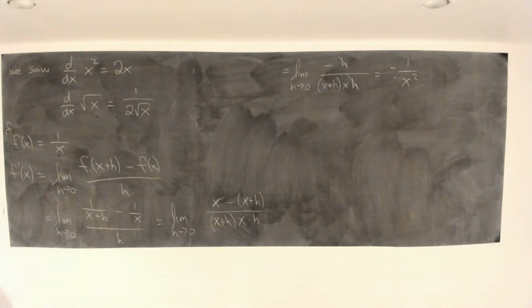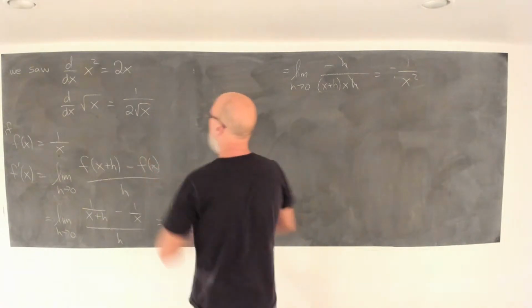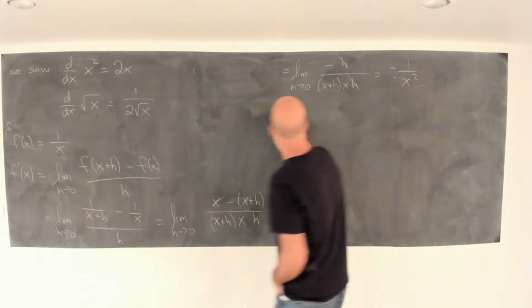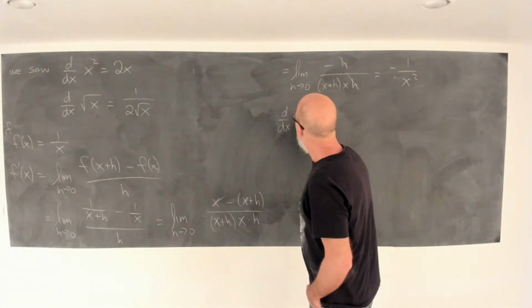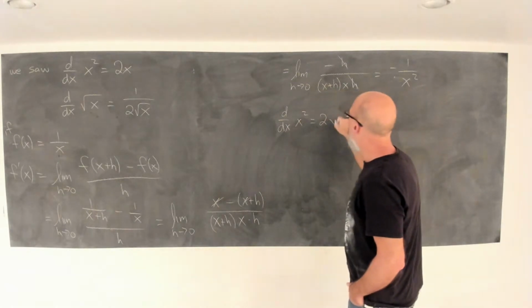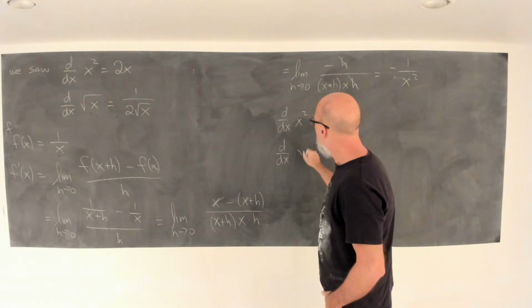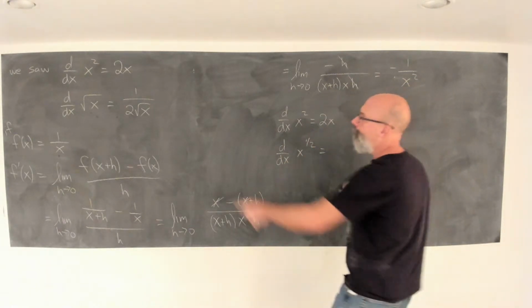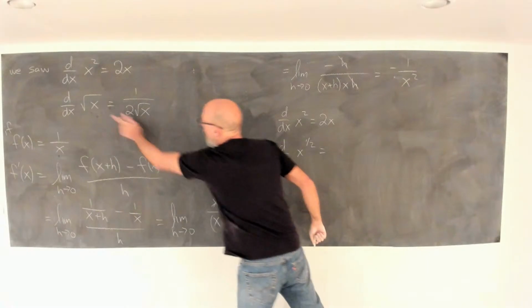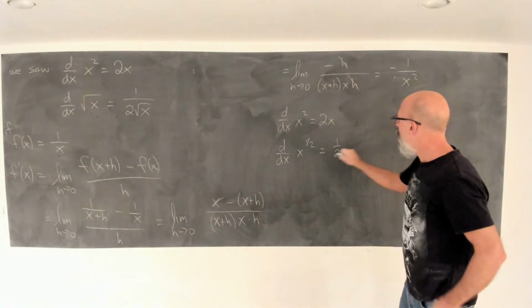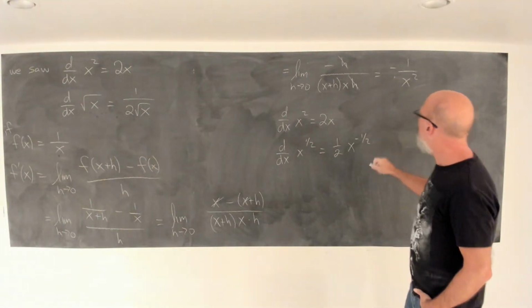Where am I going with this? We're saying the derivative of x squared is 2x. The derivative of x to the 1/2 is 1/2 x to the minus 1/2.